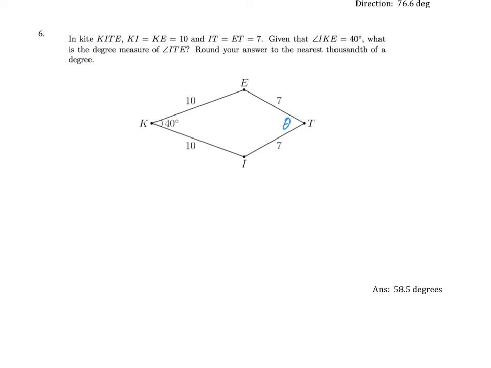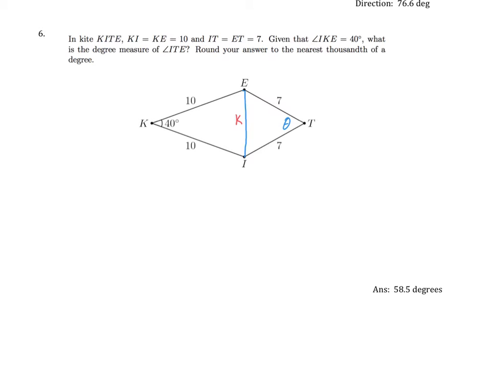So I am going to draw in segment EI, and the reason I'm drawing that segment is because we know angle K is 40 degrees, and now I can create a triangle KEI, and I can use that triangle to find the length of EI, which I'll call little k. And if I know the length of EI, which is little k, I can go from the left triangle to the right triangle and then eventually get angle theta.